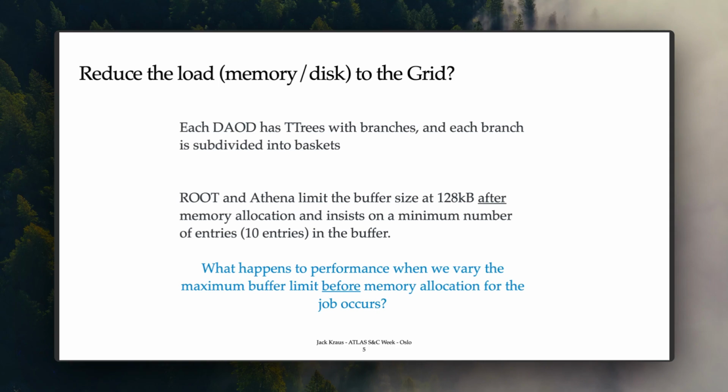One way that it's been done in the past is by creating a 128 kilobyte branch buffer limit, in addition to a minimum number of entries. So we set the minimum number of entries per buffer to 10. This is something where we wanted to make sure this is the right optimization, and that's what we looked into.